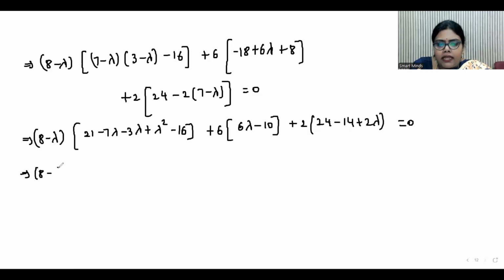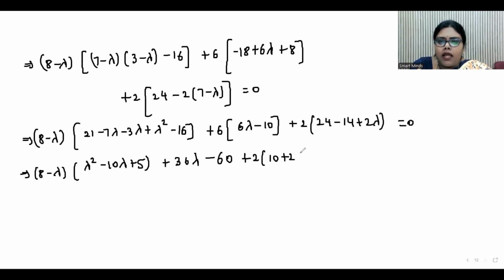That implies 8 minus lambda into, if you simplify this bracket, you will get lambda square minus 10 lambda plus 5, plus 36 lambda minus 60, plus 2 into 10 plus 2 lambda is equal to 0.